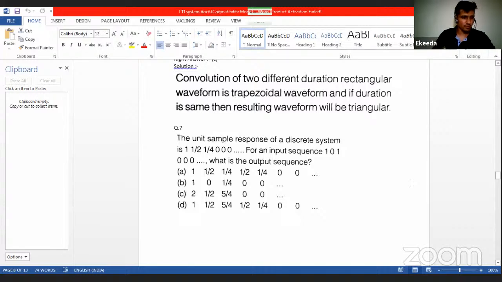Now the next question is that the unit impulse response is given, the input is also given, and we have to calculate the output.